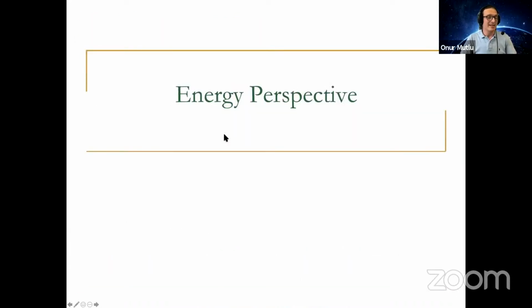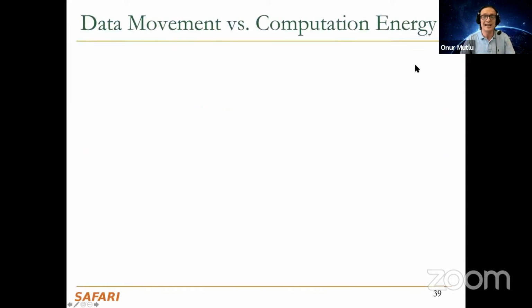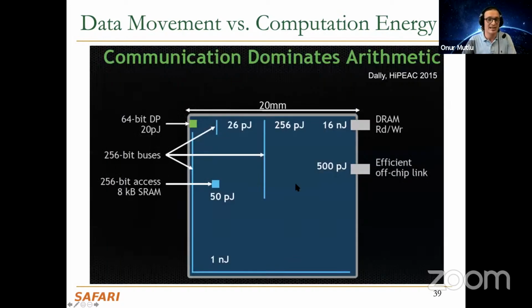If you think performance is bad, energy is actually even worse. I think I've shown this also in one of the earlier lectures, probably lecture 1, but maybe it will resonate a little more with you now. I've shown slides from Bill Dally's keynote, which show the different energy costs of different operations.